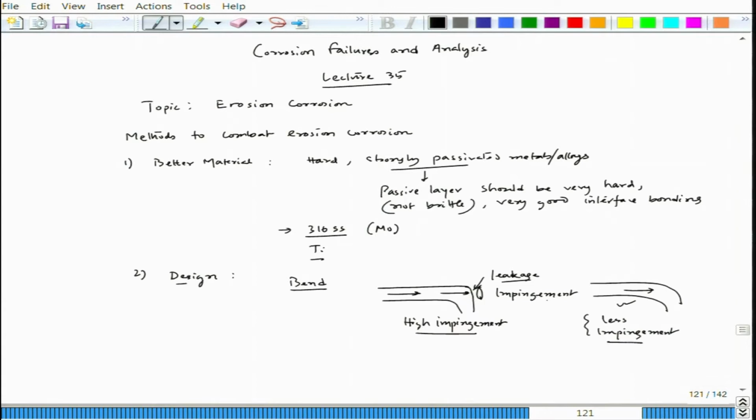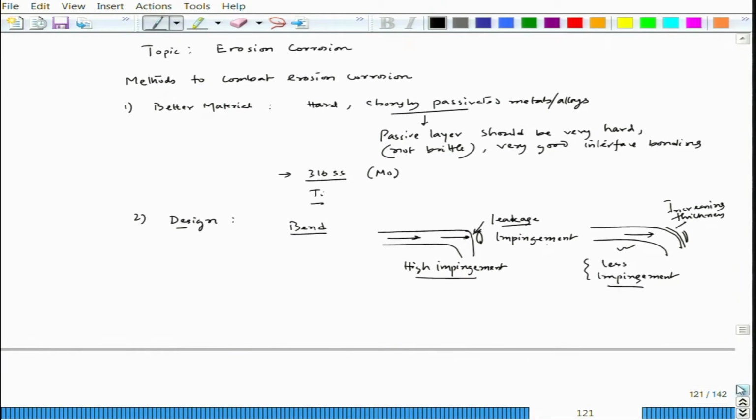Since we cannot reduce impingement completely, there will be erosion corrosion in this location. So, one possibility is increasing the thickness here, so that it can last for a longer period. This is one sort of design.